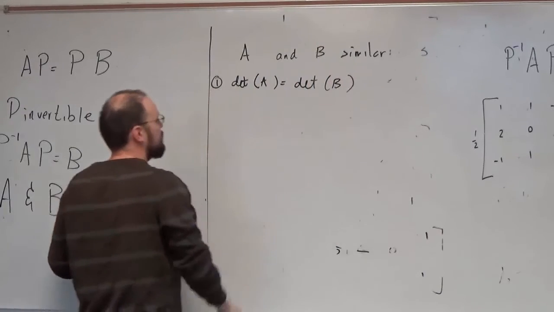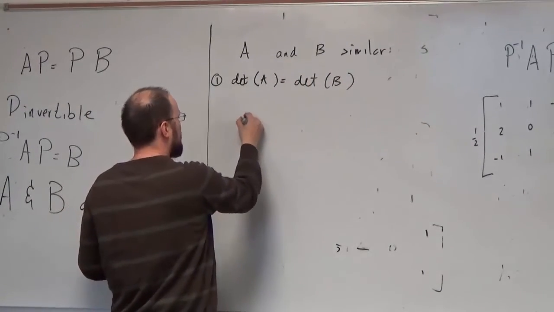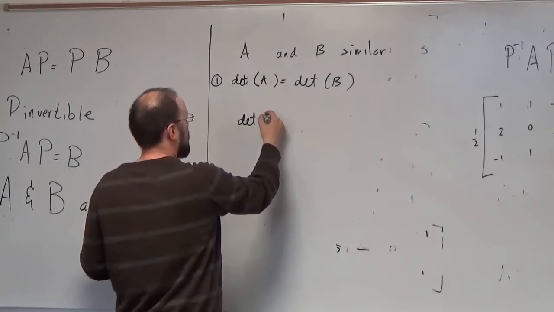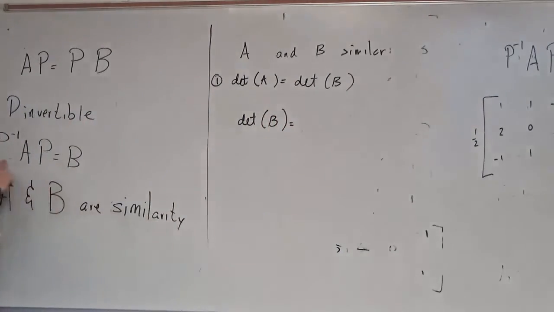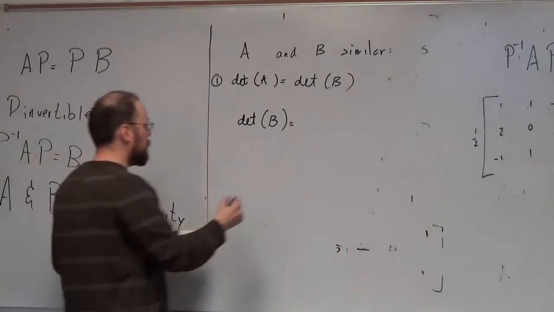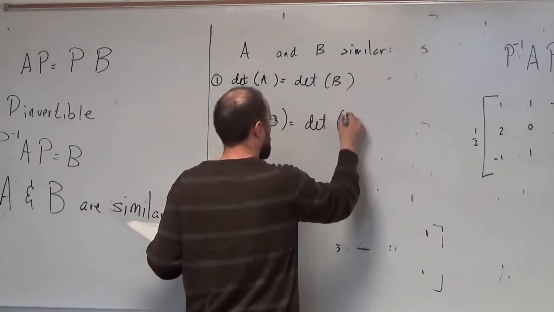Now this is really easy to see. Let's pick the determinant of B, and we know that B can be expressed as P inverse AP, because A and B are similar.